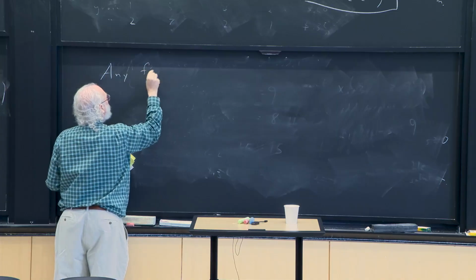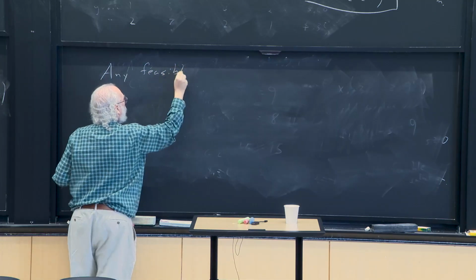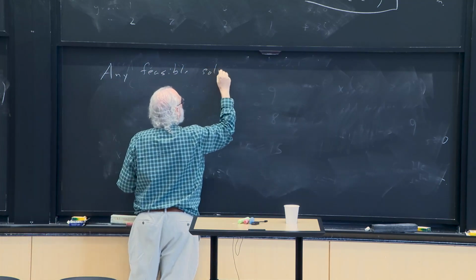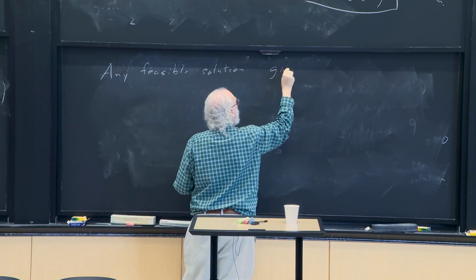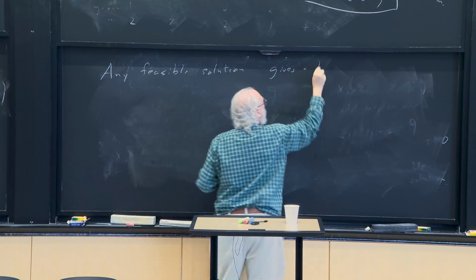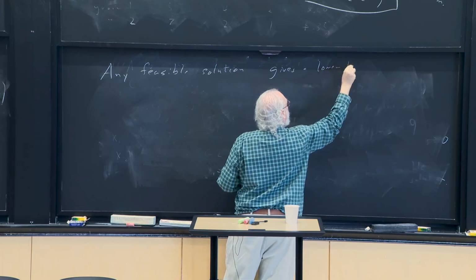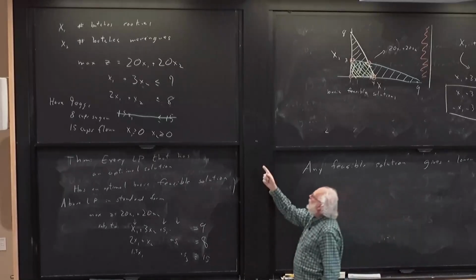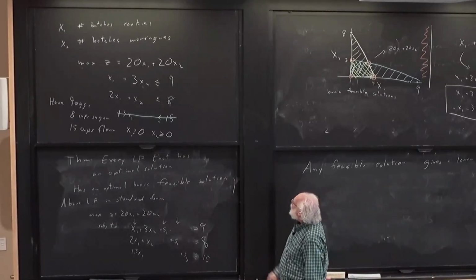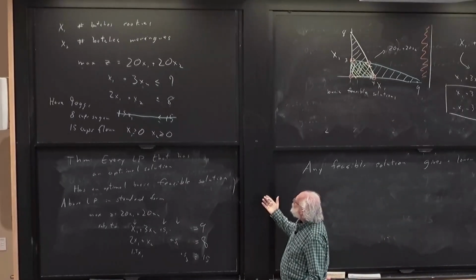So lower bound. Any feasible solution gives a lower bound. So let's take a feasible solution for that one. How about x1 equals x2 equals 2?